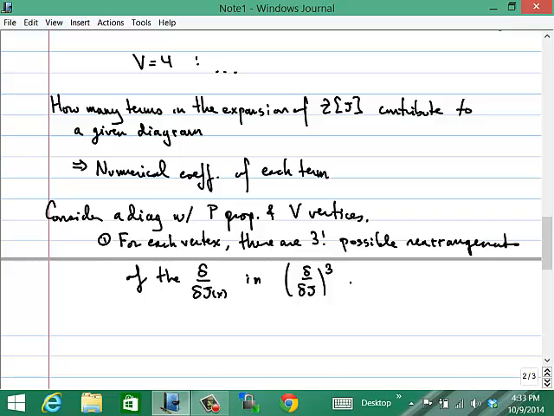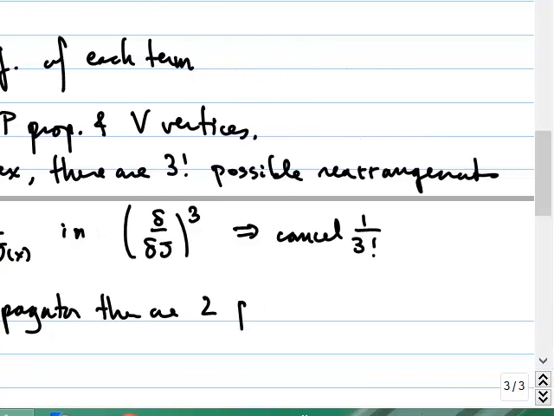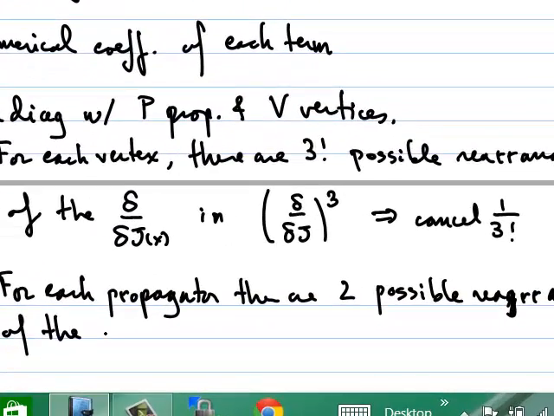Likewise, for each propagator, there are 2 possible rearrangements of the j of x's in the j delta j term, which will cancel the factor of 2.